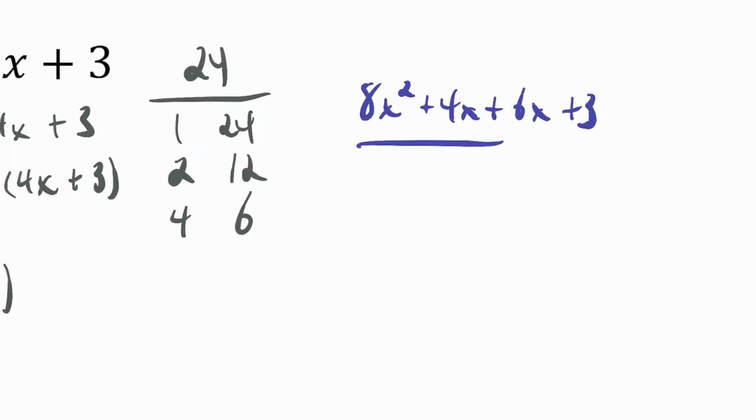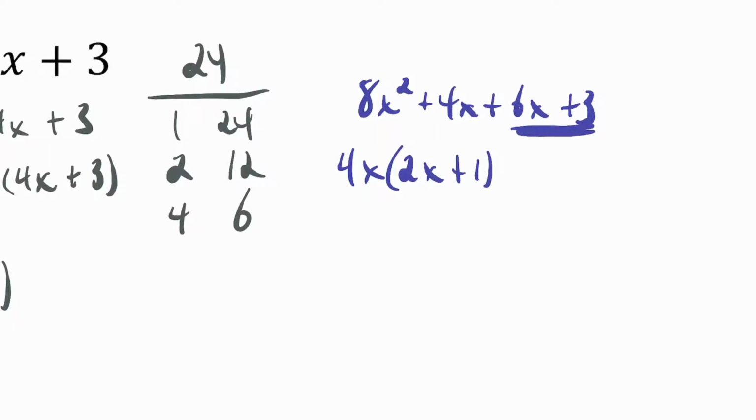Okay, so common factor. Well, 4x now, right? 4 goes into 8, right? So 4x is the common factor. What's left over? 2x plus 1, right? The common factor here, well, I guess that's 3. So 2x plus 1.